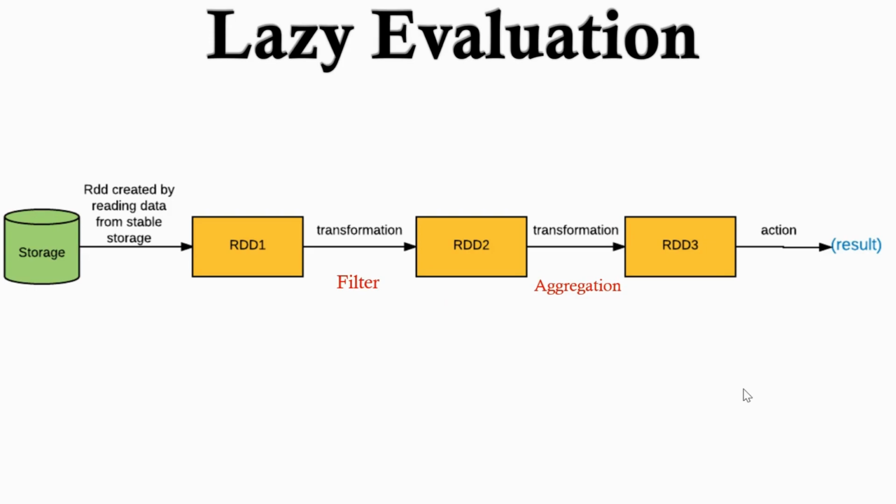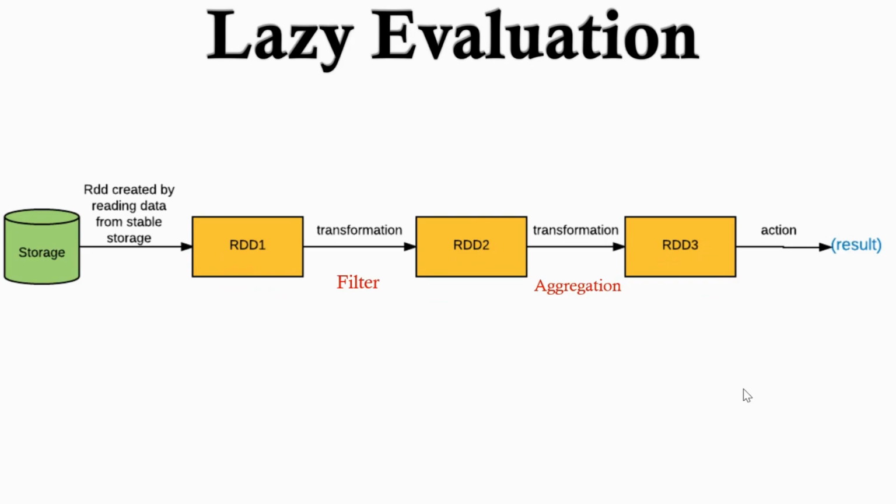This complete thing is stored in a DAG till RDD3. That is a directed acyclic graph. Once the complete DAG is created, as soon as an action is implemented in the DAG, it starts evaluating from the beginning, from reading the CSV or any text file that you have, and then does the transformations, and then returns the result into the storage location.